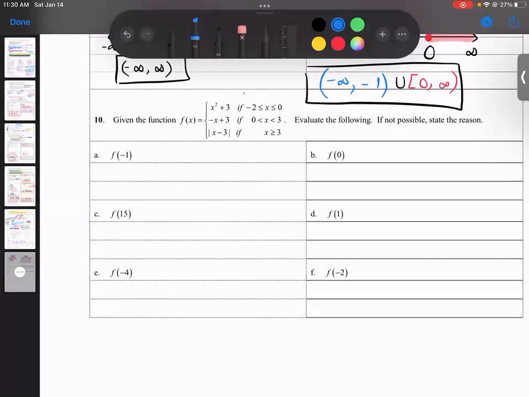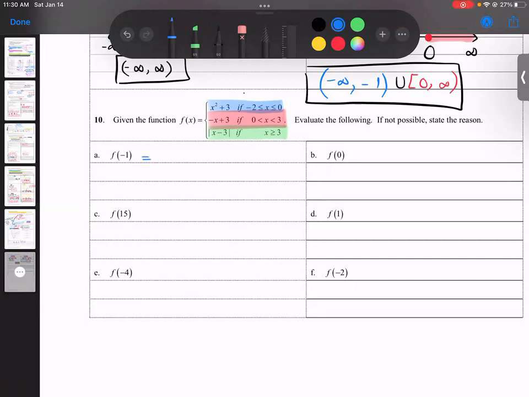I'm going to highlight this in blue, red, and then green, so that I don't have to keep saying it. So -1 falls between -2 and 0, so I have to use the first function.